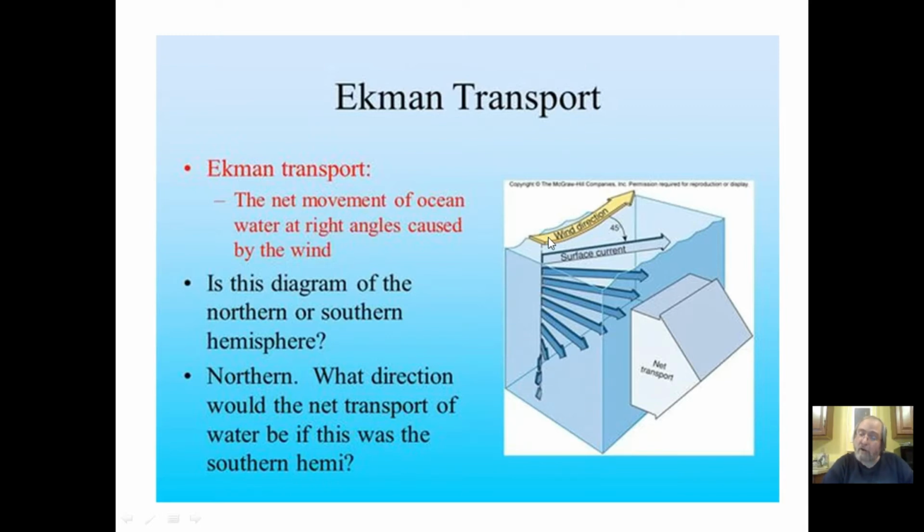So the stronger this wind is, the further down vertically in the water column you'll find these movements, which means you have more water being net transported in this direction. Okay, so this is the spiral right here. That's the spiral. This is the transport.